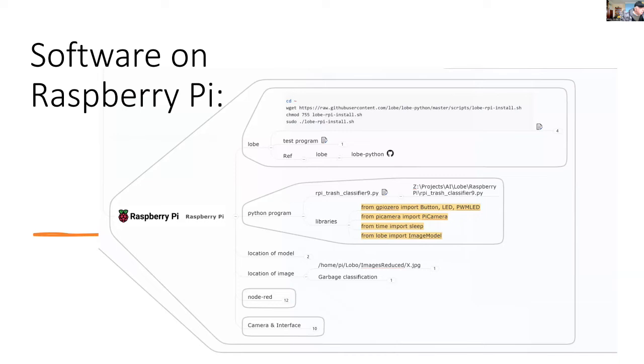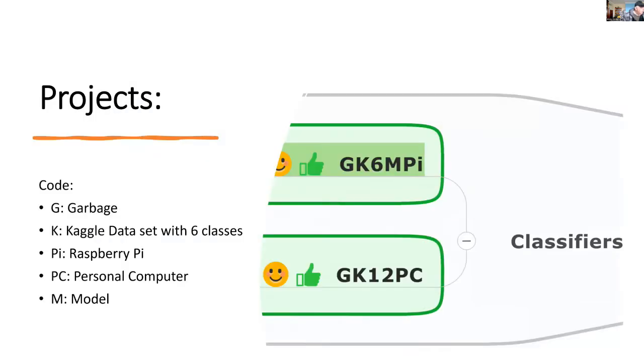So the instructions on the Raspberry Pi, this is a summary, and you can get those from the Adafruit website. So the way that I've named my model, I give the model that we'll be using next week a name: GK6MPI.